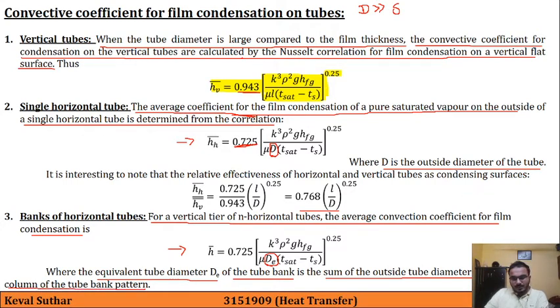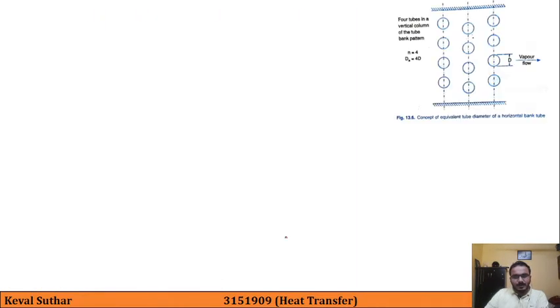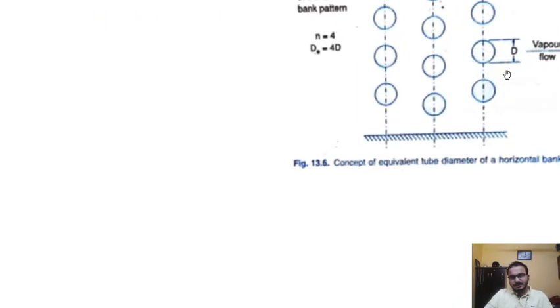If this portion at the bottom right is not visible to you, I am speaking it again: DE is the equivalent tube diameter of the tube bank, which is the sum of outside tube diameters in the vertical column of tube bank pattern. Now we will see the exact value of DE in our next slide. Consider this as a case.